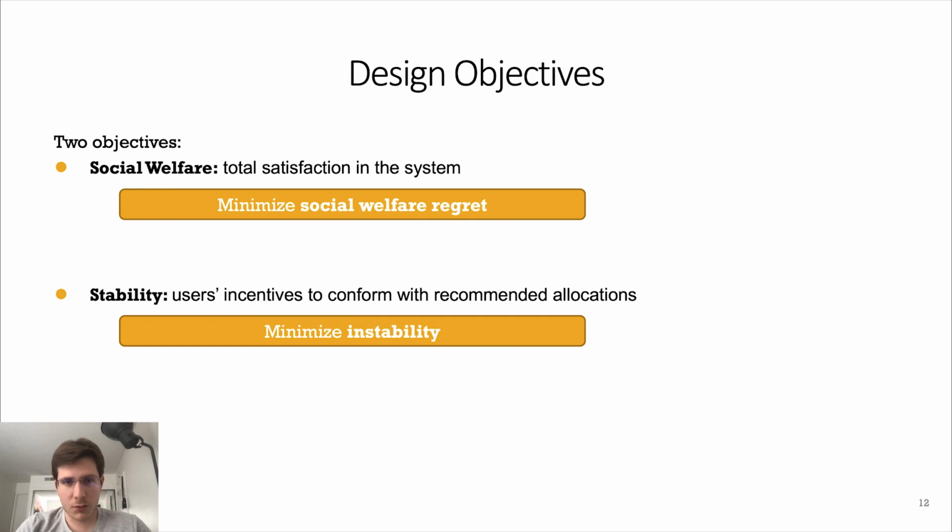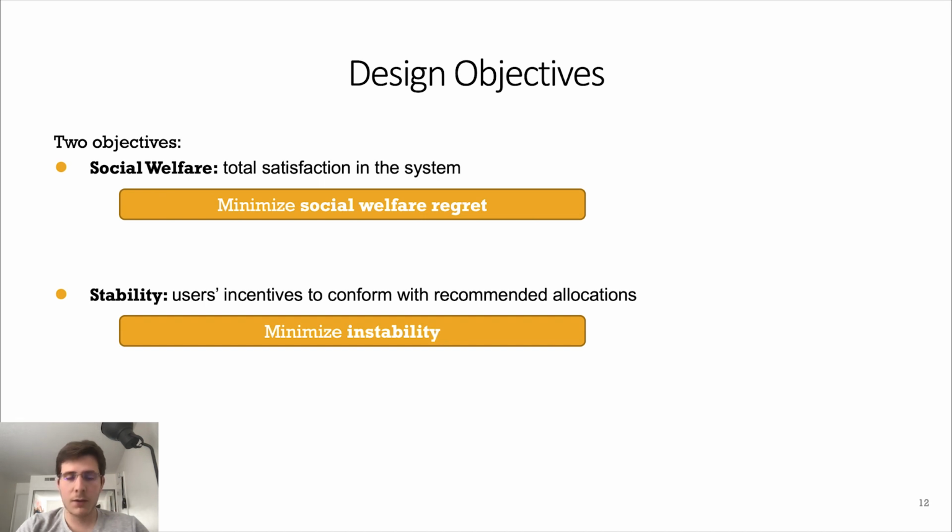In this project, we have two different design objectives. The first one is a common one, which can be found in many different papers in the literature, which is to maximize social welfare, which measures the total satisfaction in the system as a whole, which captures the satisfaction of both the users and items, or the provider. To measure how well we are doing in terms of social welfare, we are going to minimize a metric which we are going to define and call social welfare regret.